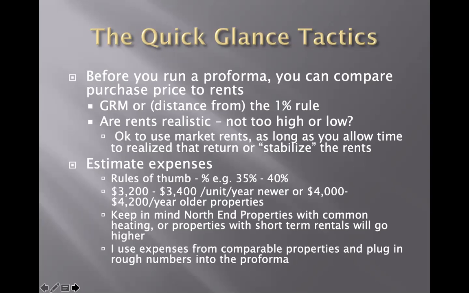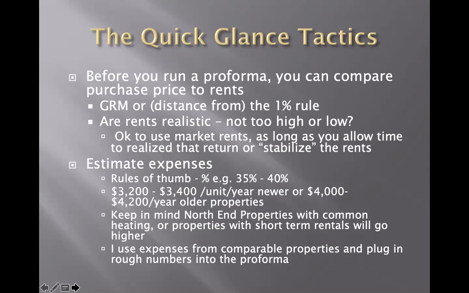When you estimate the expenses, you can use some rules of thumb. I usually just plug in numbers into the Proforma since it gives me so much data and I can just run a cap. And so I'll oftentimes start by just throwing numbers into my Proforma template based on previous properties. But some other things you could do would be maybe estimate a percentage, say 35 or 40% on expenses.